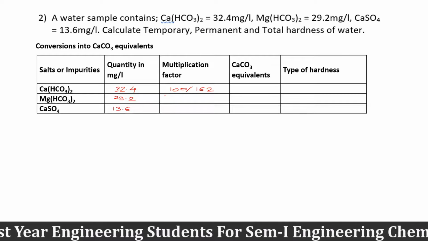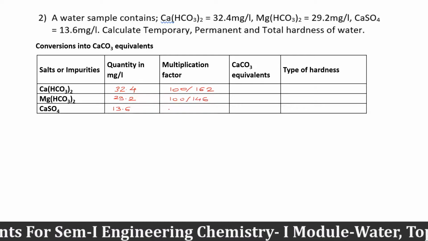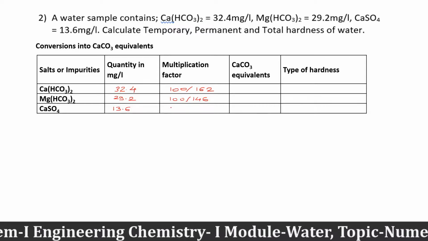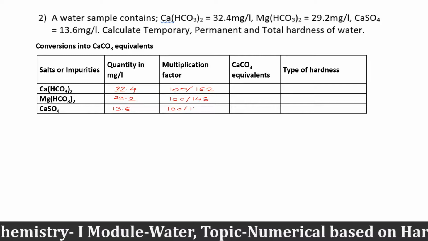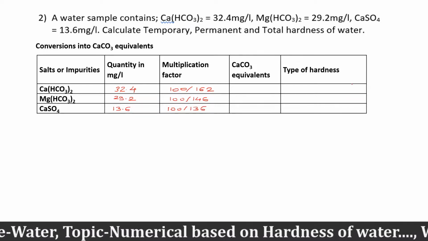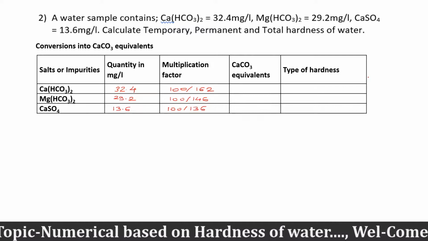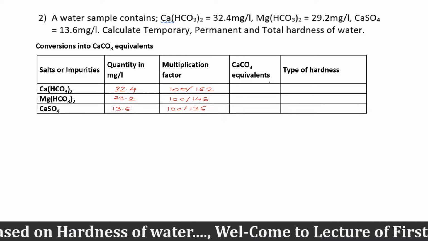For magnesium bicarbonate, 100 upon 146. And for calcium sulfate, it is 100 upon 136. Then, by following simple multiplication, we convert this value into calcium carbonate equivalent.